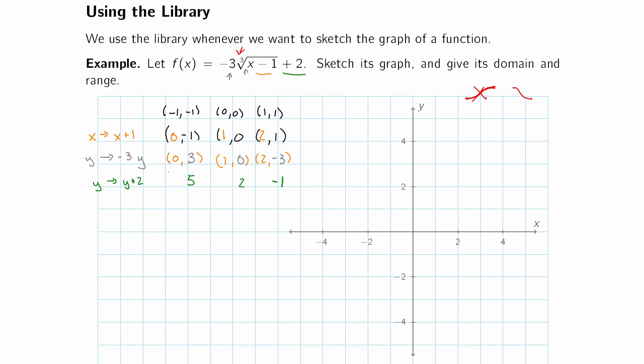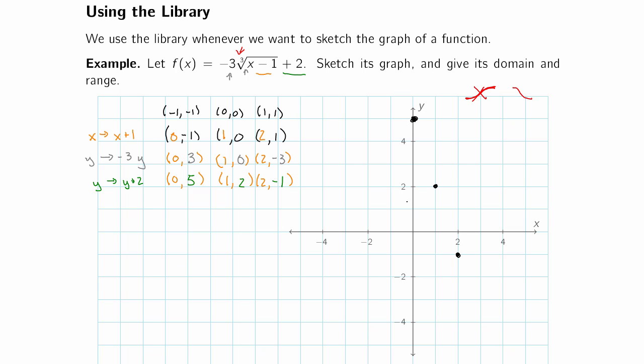And we leave our x coordinates alone. So our 3 points on our graph will be (0, 5), (1, 2), and (2, -1).